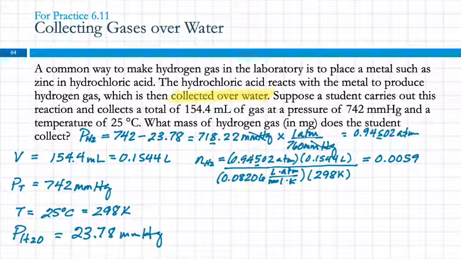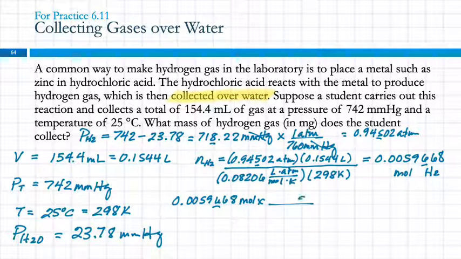I've got 3 significant figures, so 0.0396 68. And that's moles of hydrogen. So now I convert my moles to grams, molar mass of hydrogen, 2 times 1.008. So moles cancel out.